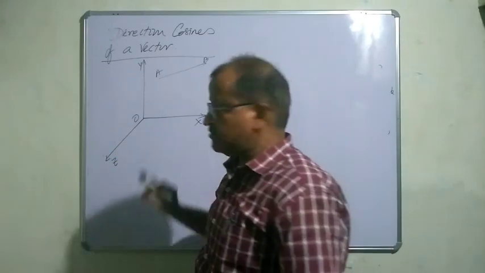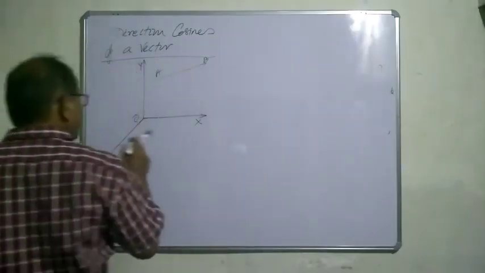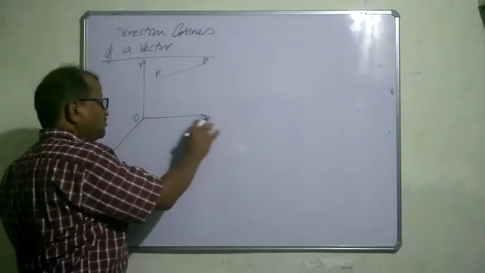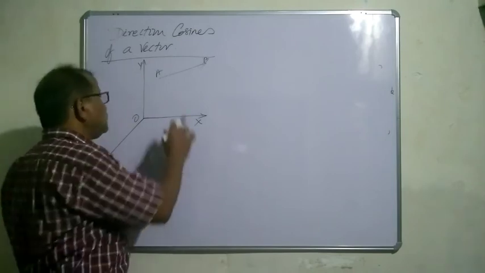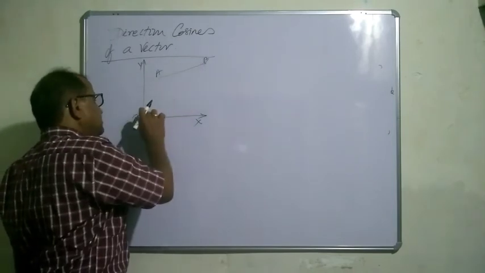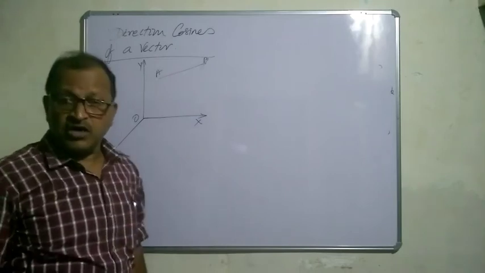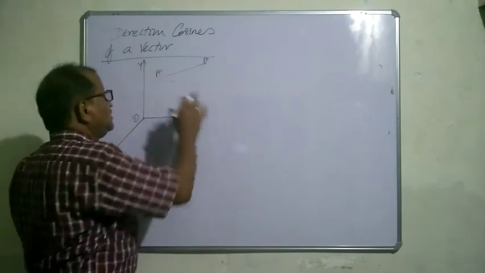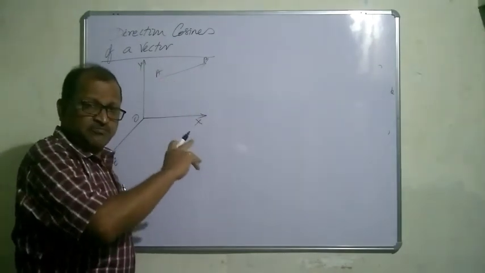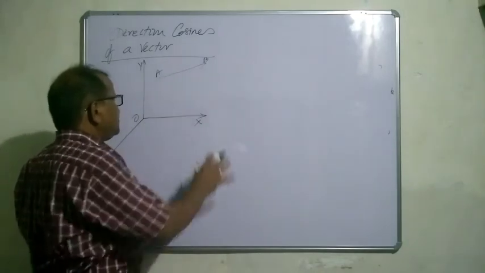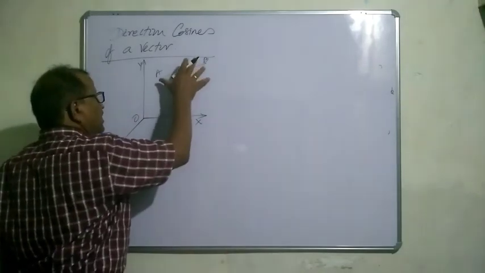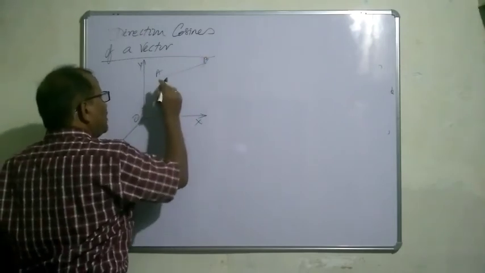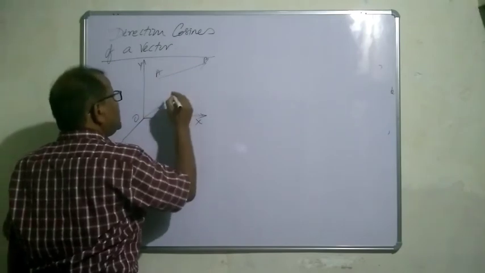AB is a vector. What we do? Using that method, suppose this is the x-axis, this is our CD ray, and we want to draw this vector having the initial point as origin O. As in the previous case, I have told you how to draw co-initial vectors. So you draw a vector equal to AB, meaning parallel and of equal length, whose initial point will be the origin.